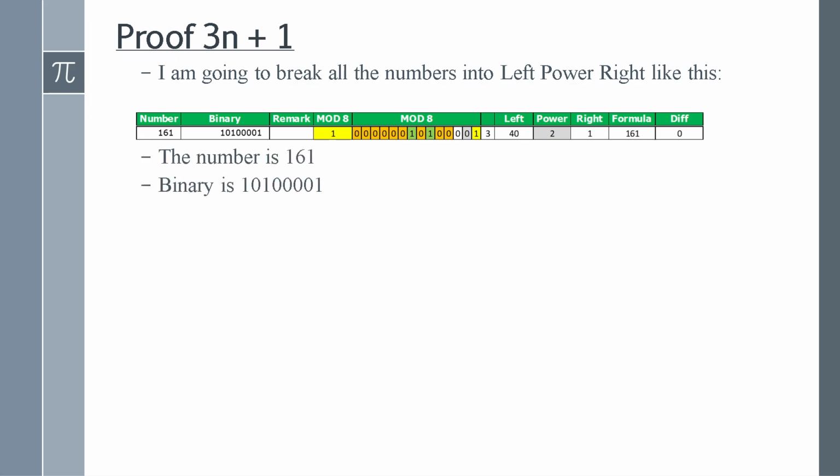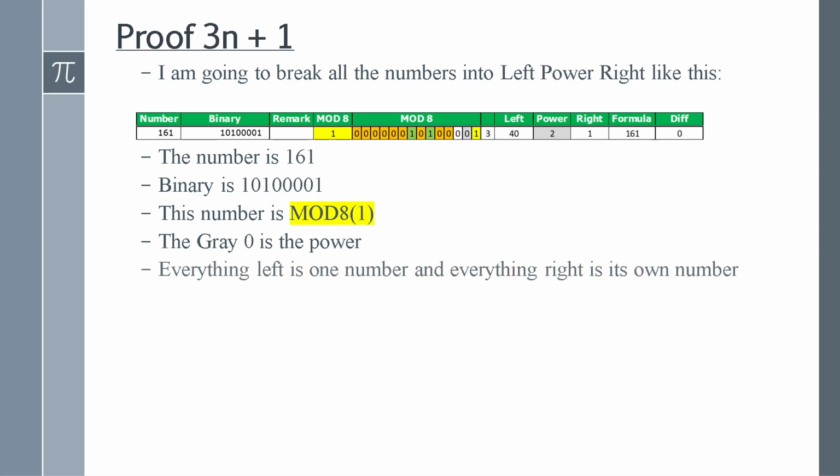But again, the explanation of it is: the number is the number we're looking at. The binary is its code. The mod is what mod it is. It's going to be mod 1, 3, 5, or 7. The gray 0 is the power slot for that number.